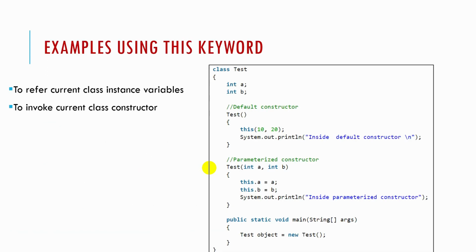In the example, you provide parameters to this here. So it means that this here refers to this class, because this takes parameters, right? It means this is the constructor. So in the constructor Test here, it calls this, meaning itself, passing numbers 10, 20.